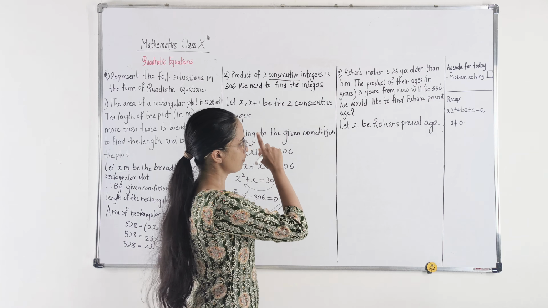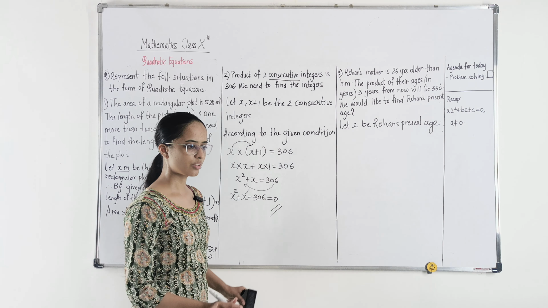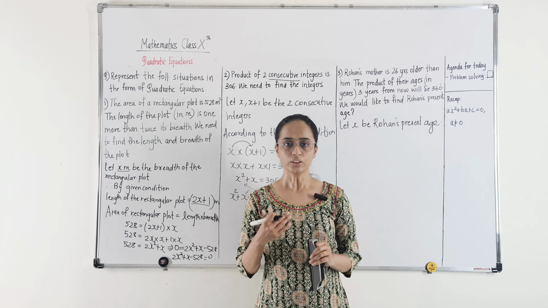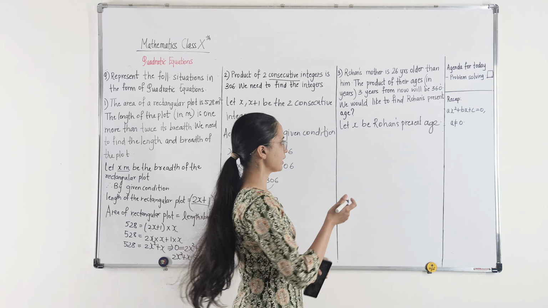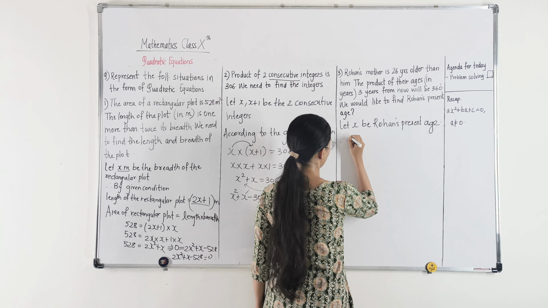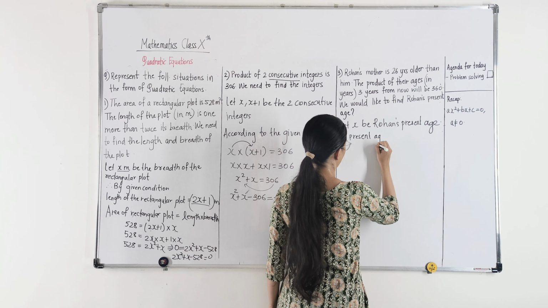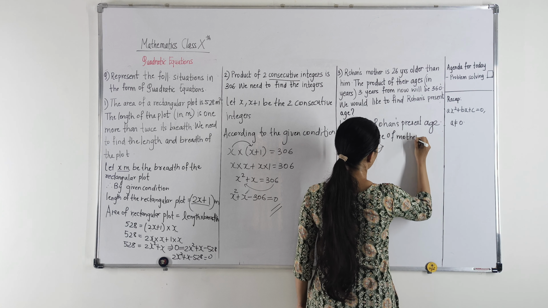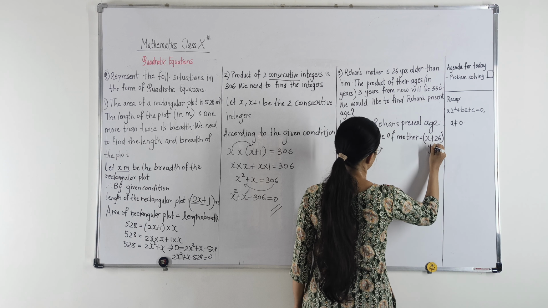The first line says that Rohan's mother is 26 years older than him. So whatever is Rohan's age, his mother will be 26 years older. So here we can say that therefore present age of mother would be equal to x plus 26 years.